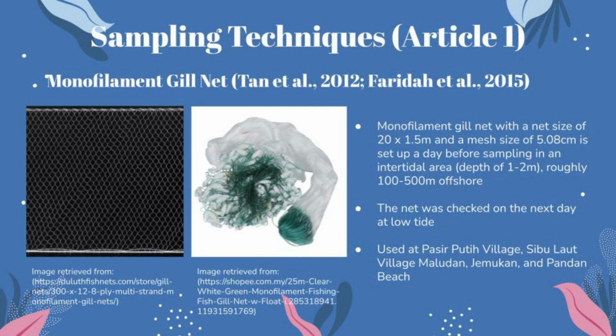On the next day, the net was checked at low tide. The monofilament gill net was used in Pasir Puteh village, Sibu Laut village, Maludam, Jemukan, and Pandan beach sampling sites.